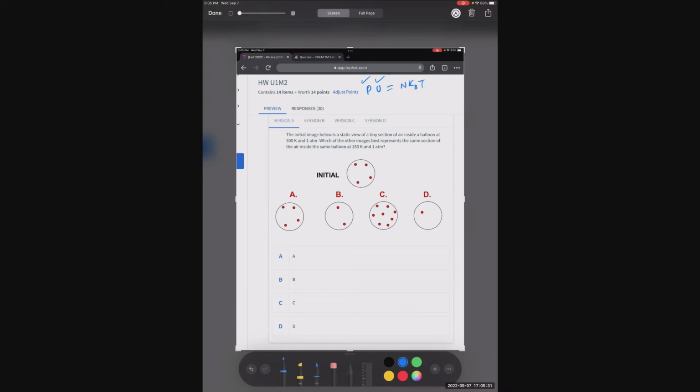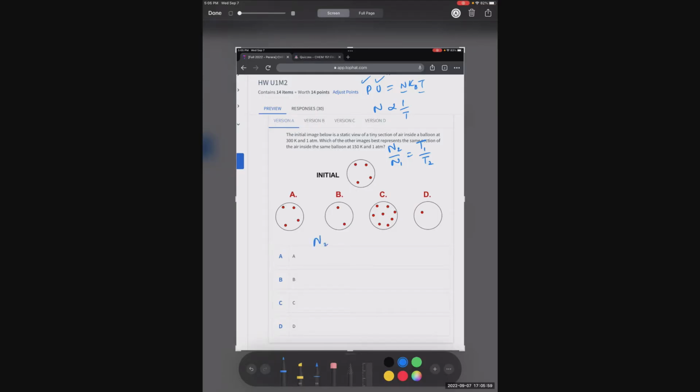We are dealing with N and T, and what we realized was N is inversely proportional to temperature. With that, we derived that N2 over N1 must be equal to T1 over T2. I always mess that up. That's the relationship we came up with. Now let's plug and chug.